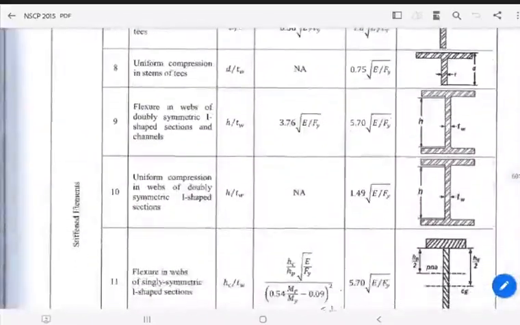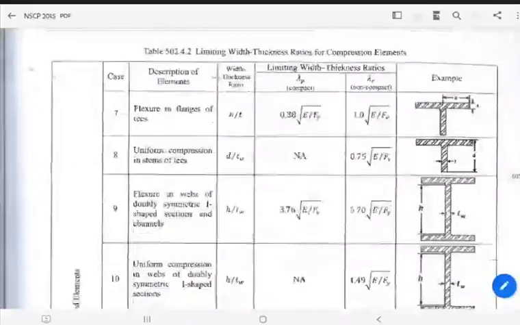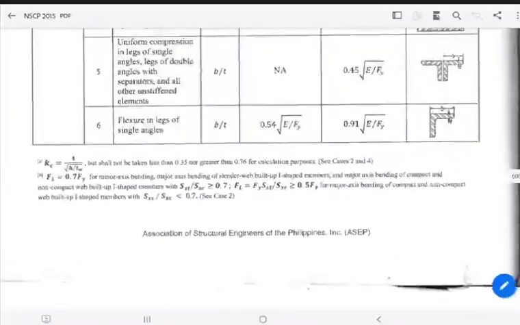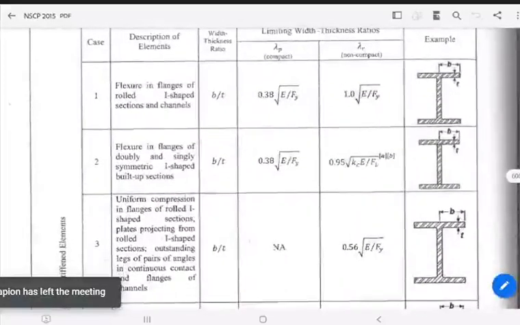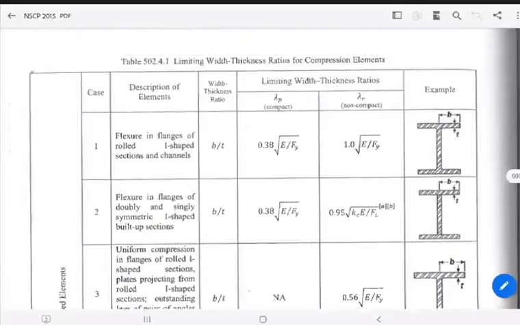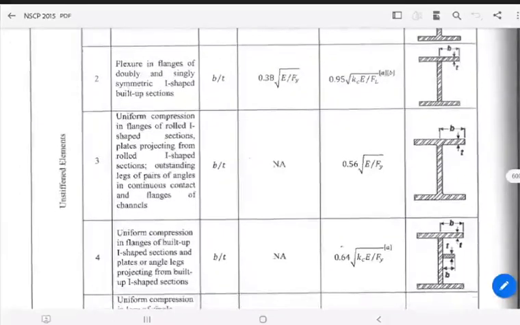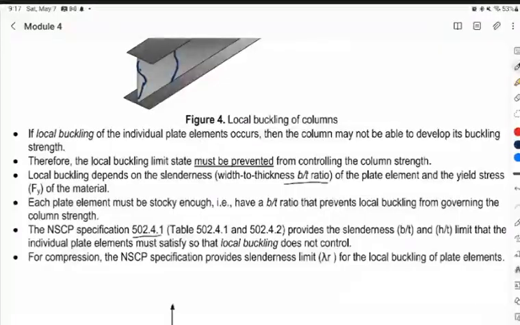And for stiffened elements, we have 502.4.2. Ano ba yung diferensya ng stiffened and unstiffened, sir? Ang stiffened, ibig sabihin, on both sides, no, ay supported siya. Meron naman pala sa module, nakalagay doon kung paano ang stiffened and unstiffened elements. Check natin.